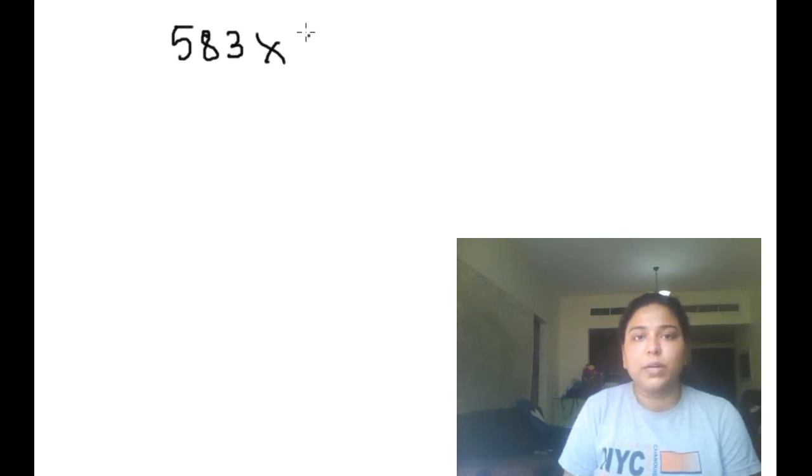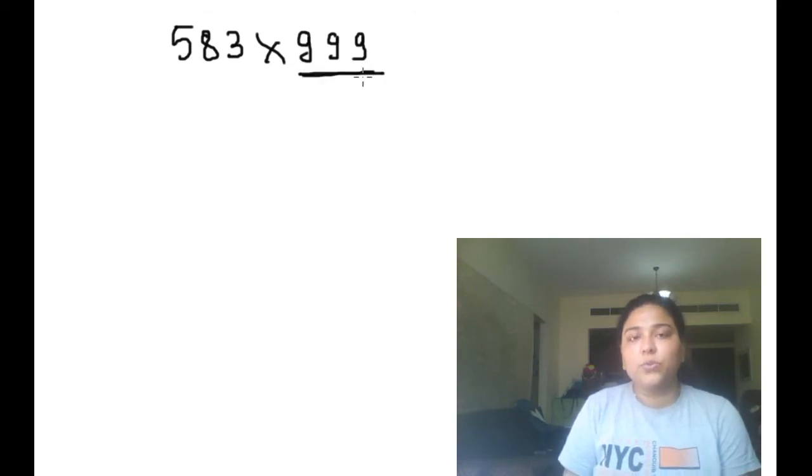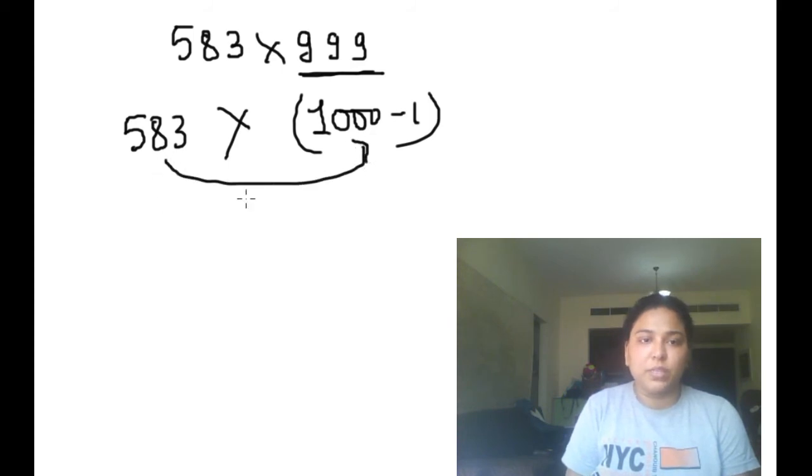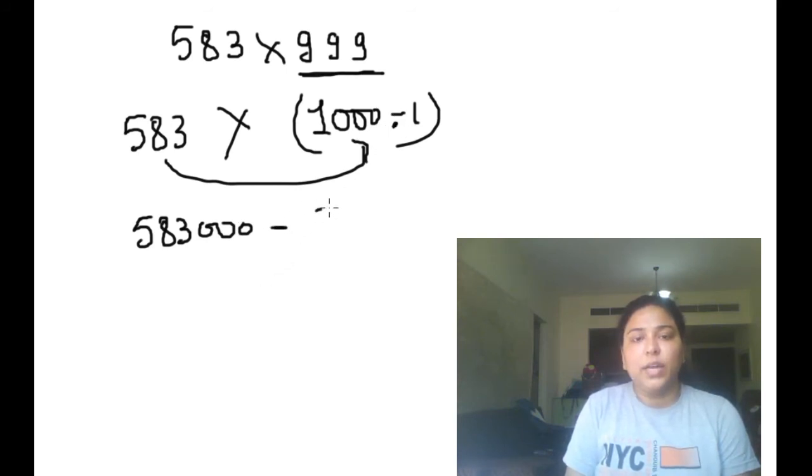583 multiplied by 999. I will explain the first step again. So we can write this as 1000 minus 1. 583 multiplied by 1000, 583 and 3 zeros, minus 583 multiplied by 1.